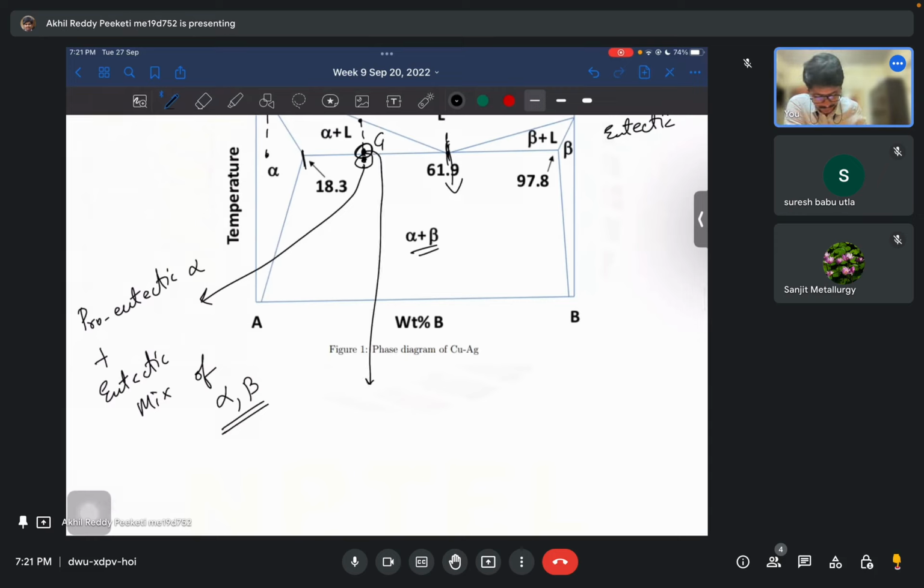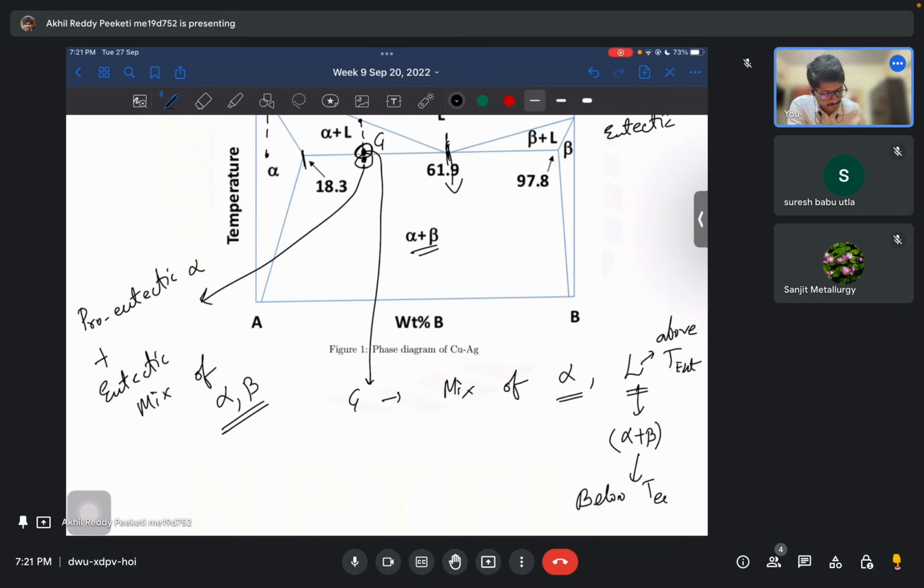Let's call it G. At G, you have a mix of alpha, L. So what we are saying is, if you just cross the eutectic point, it will form a proeutectic mixture of alpha and eutectic mixture of alpha plus beta. These are above T eutectic. This is below T eutectic.